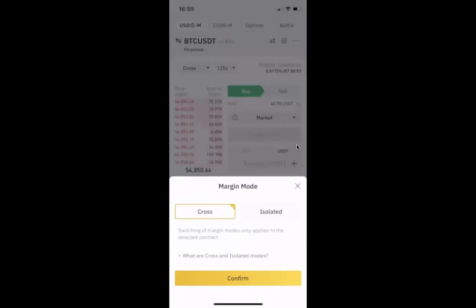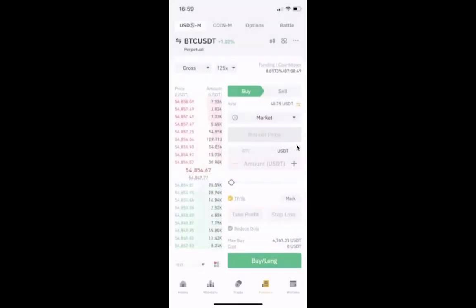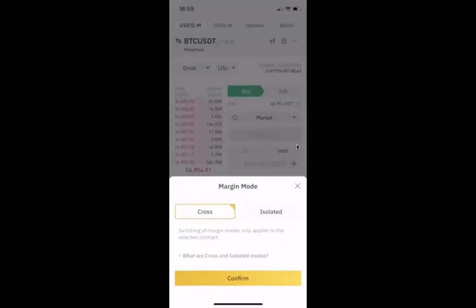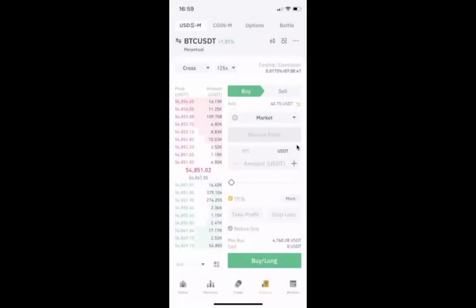So with cross and isolated, cross just means that when you are entering the market, you are entering with all your money, with everything that you have, your assets. And isolated means you are losing only what you entered, the margin that you entered with.